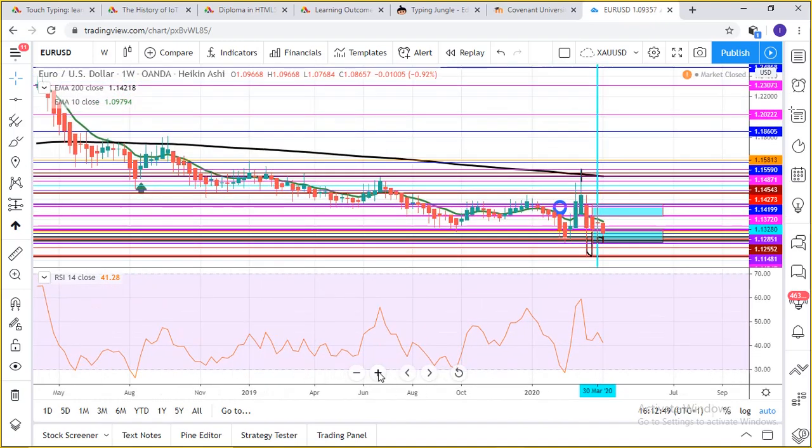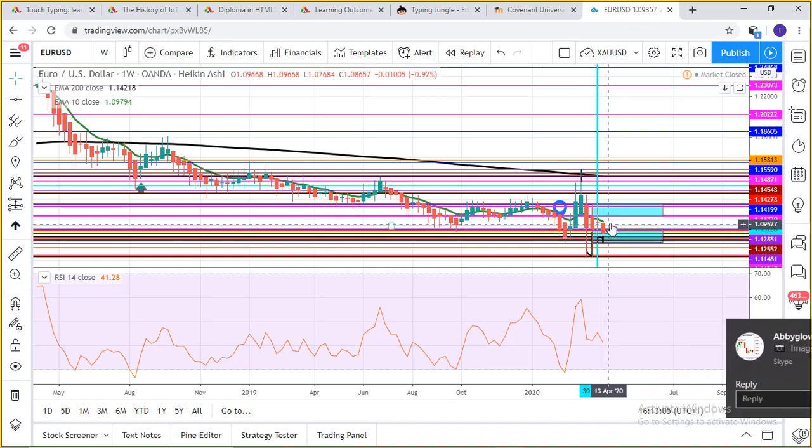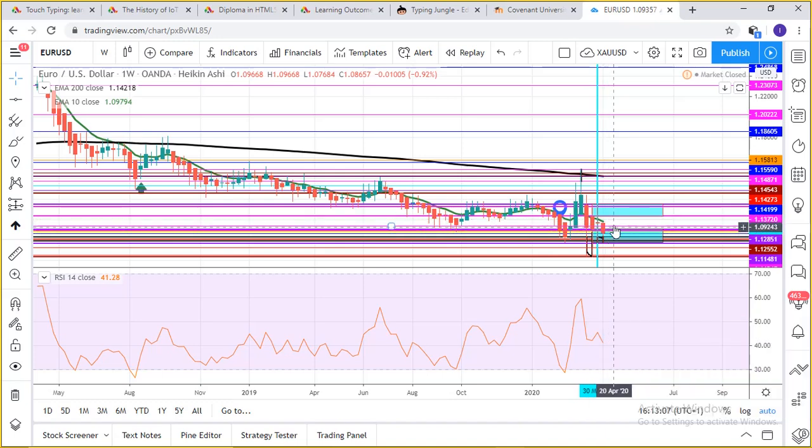But what you are going to have is that it got to this point, and it went up, it came back down. You are definitely going to see a bullish candle here this week.